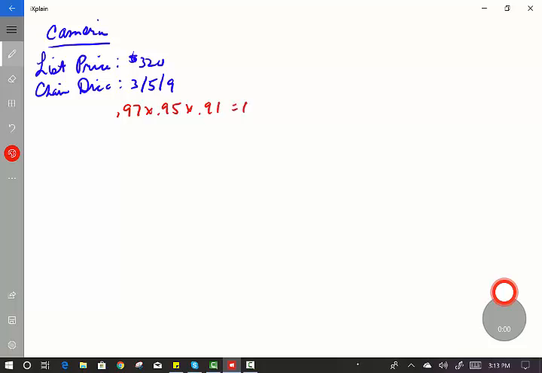That equals the net cost equivalent of 0.838565. Then I'm going to multiply that times the list price of $320, and that's going to give me the net price NP of $268.34.